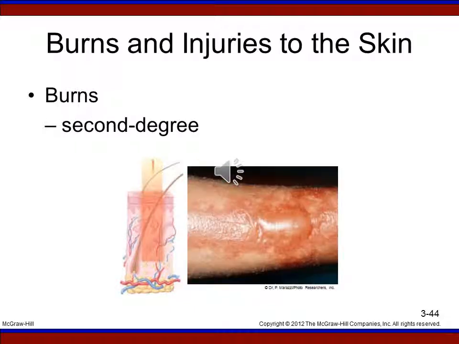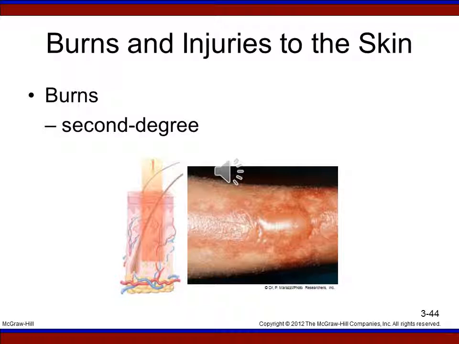Here is a picture of a second-degree burn at figure 3.26b. The question here is, what layers are affected in a second-degree burn? And of course, it's the most outer layer and the very first layer underneath that one. So it's the epidermis and the dermis. The most outer layer is the epidermis and the second layer is the dermis. Second-degree burns are also known as partial thickness burns.